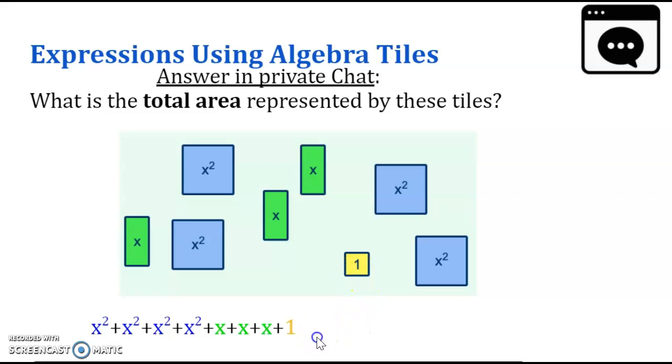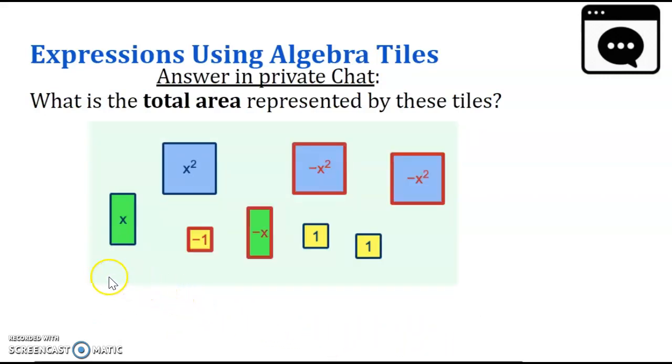So that means we have x squared plus x squared plus x squared plus x squared, which is the same as 4 times x squared, and x plus x plus x is the same as 3 times x, and then finally 1. So this is really the same as 4x squared plus 3x plus 1. Remember we can omit those multiplication signs by just putting it as 4x. That is the reason when you see 4x squared, you should always be thinking of this as 4 times x squared.